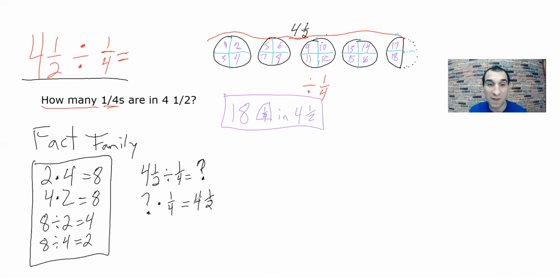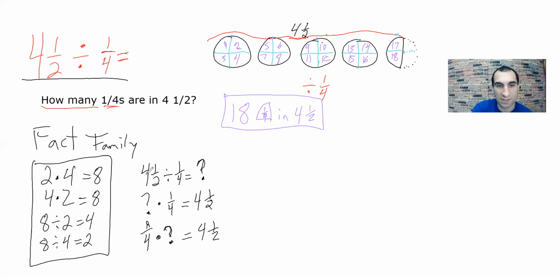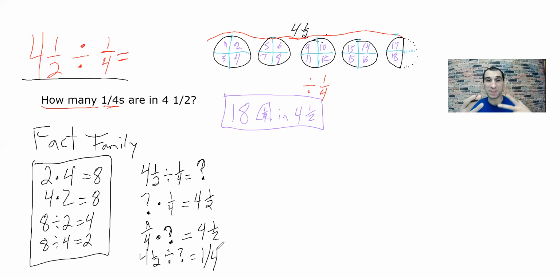Because this is how a fact family works, which also means that 1/4 times something equals 4 1/2. And of course, the same division up here would be 4 1/2 divided by something equals 1/4.